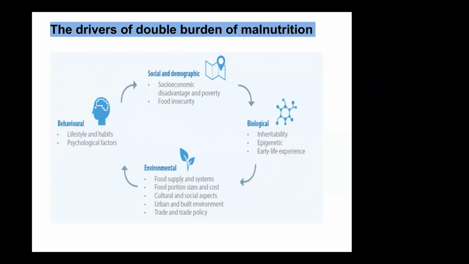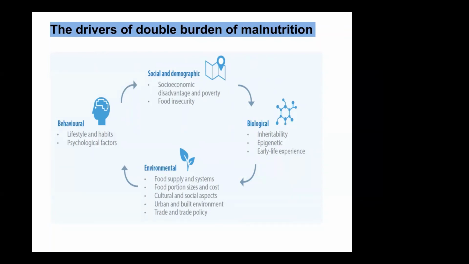Nowadays the markets in developing countries have a lot of these foods, as we already discussed, and the choice of healthy food options is very limited. Also the food portion sizes and cost, these ultra-processed foods are very cheap. So that also contributes to the double burden.